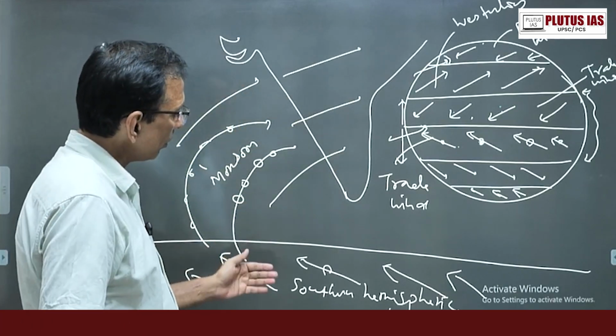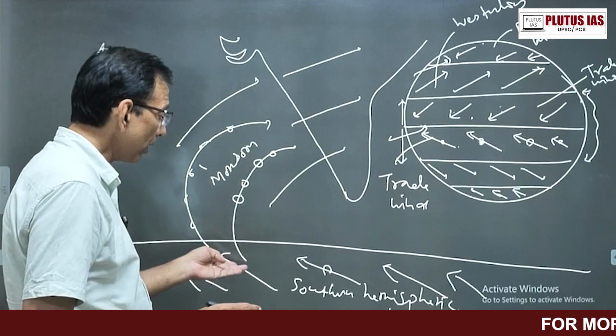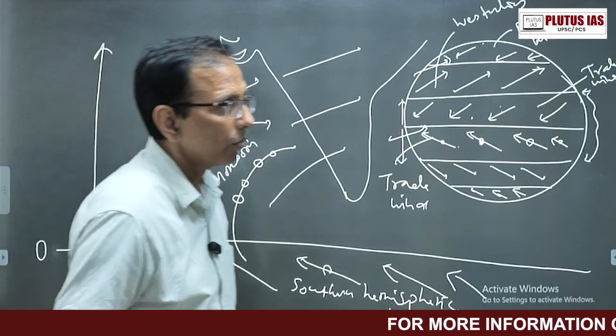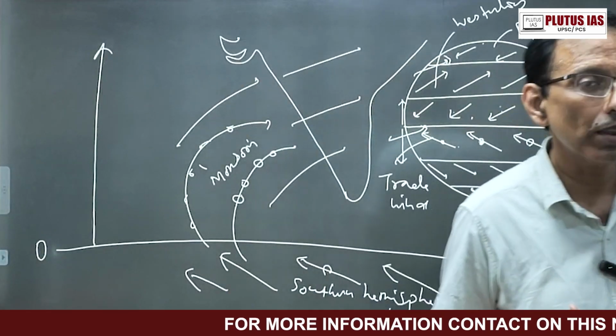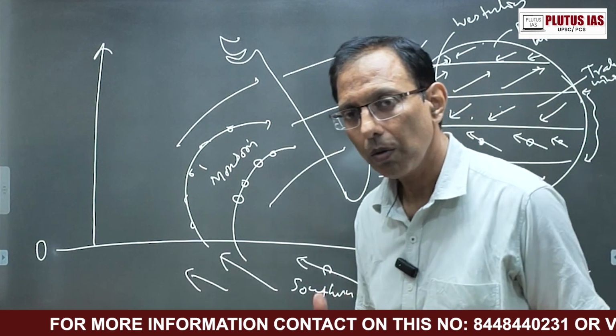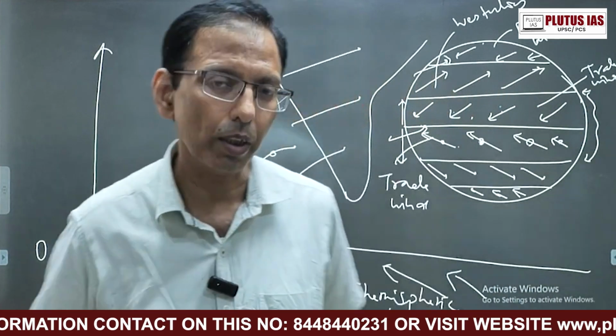So the southern hemispheric trade wind itself would not be monsoon; when it comes to the northern hemisphere, it is converted into the monsoon, right?